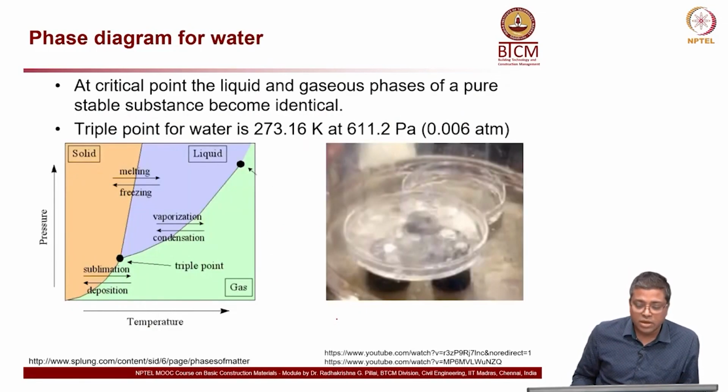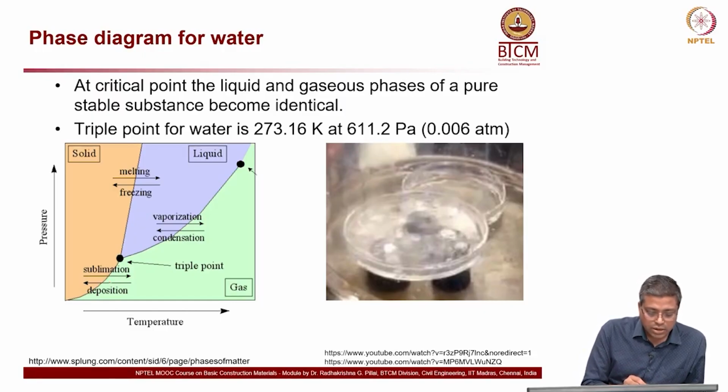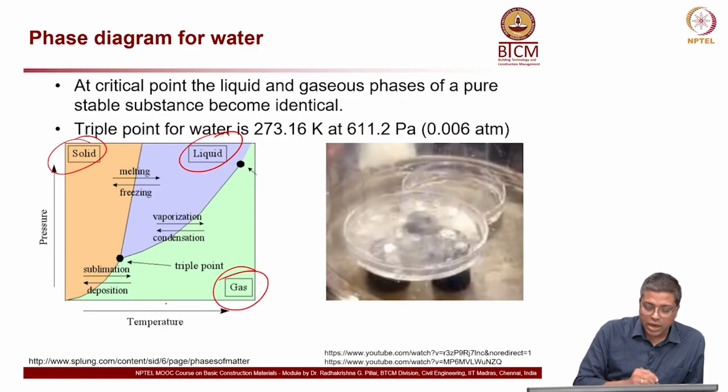We will very briefly talk about the phase diagram for water. This is how it typically looks, and you can see there is an orange region, a purple region, and then a green region. One is for solid, then liquid, and then gas.